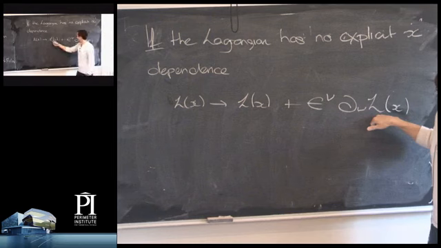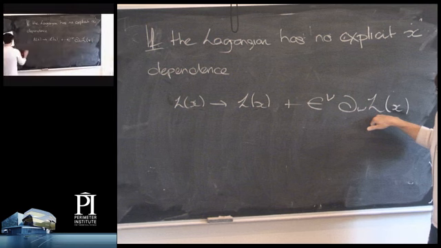But any function of x is going to shift in the same way. Notice that this sits in the class of the slight generalization. Under the translations, L isn't invariant, but L shifts by a total derivative. Okay.